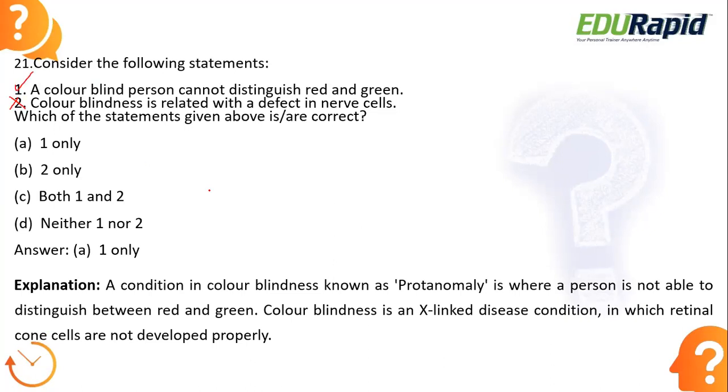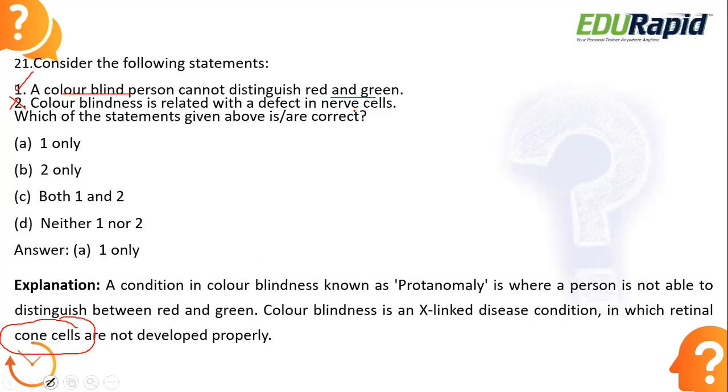A colorblind person cannot distinguish between red color and green color, because the cone cells are the ones which are sensitive towards bright colors like green, red, blue. These cone cells are not well developed in the case of a person suffering from color blindness.